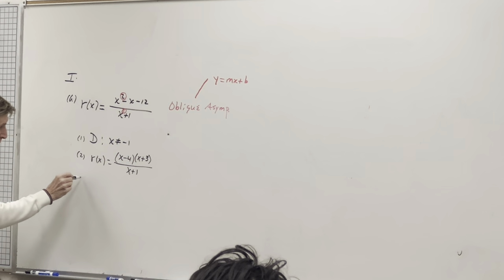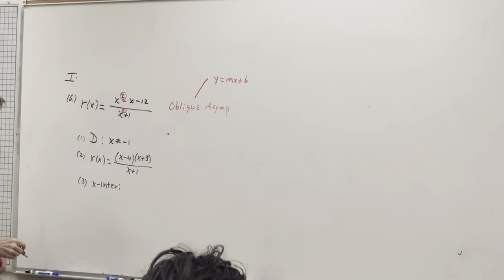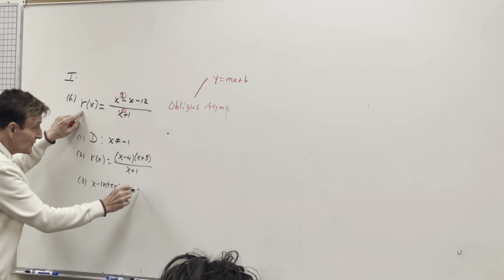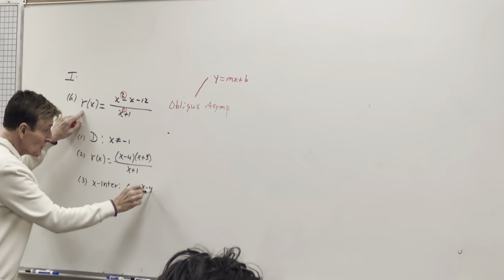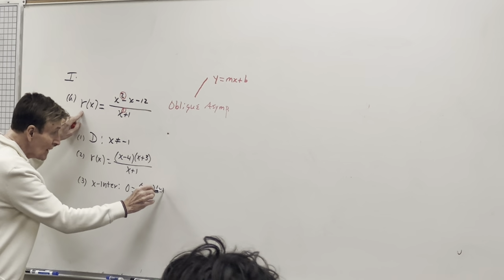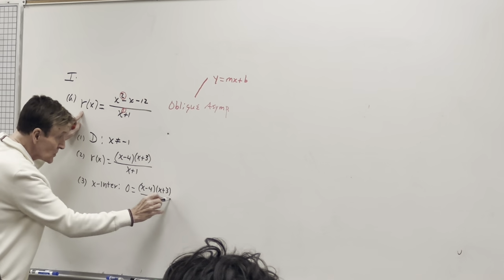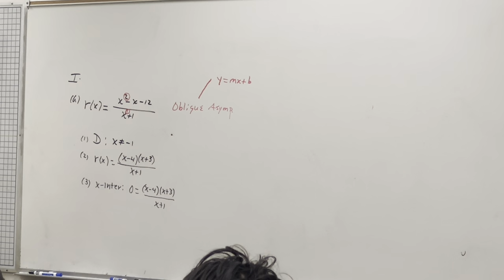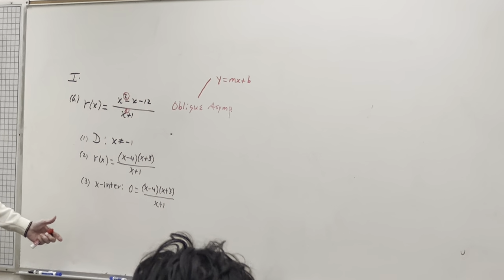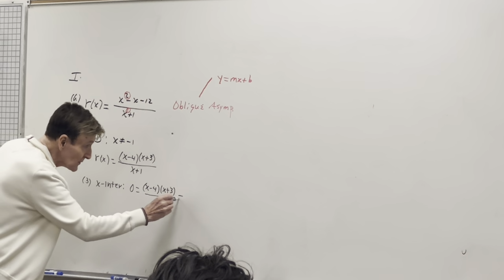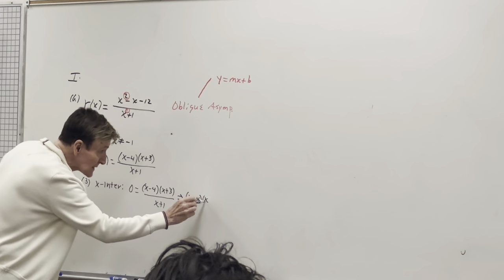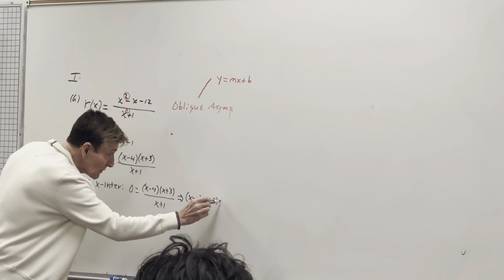Number three, the intercept, I think it was. X-intercept, you replace R of X, y, by 0. And since I have this already factored, I'm going to leave it in that form. Simplified version, like that. And I would quickly cross multiply, or just say, Professor, I see right now it just comes down to this: x minus 4 times x plus 3 must be equal to 0.